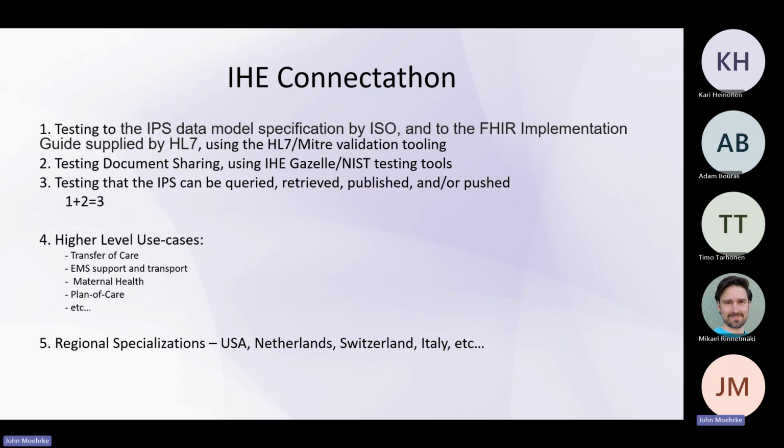The testing also includes the document sharing testing, and we've been testing document sharing, whether it be MHD, XDS or XCA. All of those, we have test tools available from Connectathon. So really what we're talking about is 1, 2, and 3 together, and that is we will see content go between two testing partners.